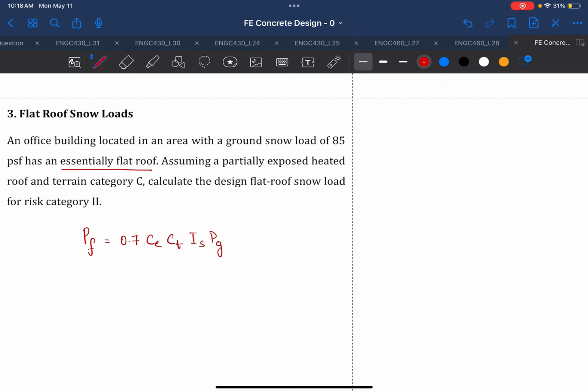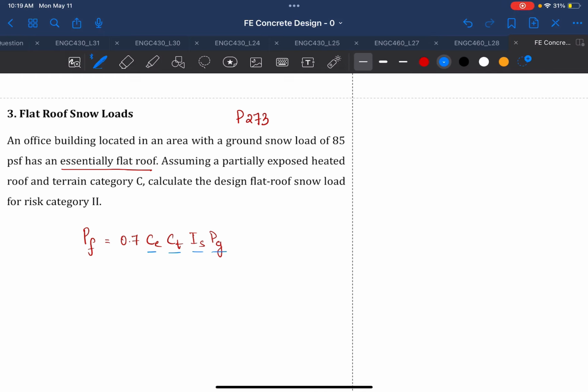These values you'll find in your FE manual on page 273, and you'll see that there are different tables to find all these factors. CE is your exposure factor, CT is your thermal factor, IS is your importance factor, and PG is your ground snow load.